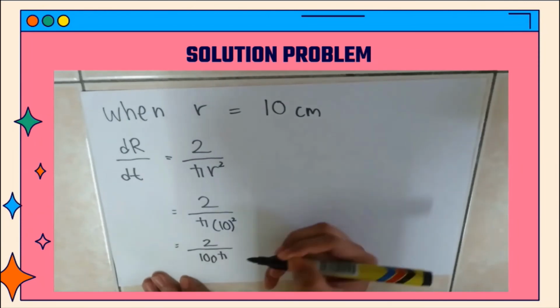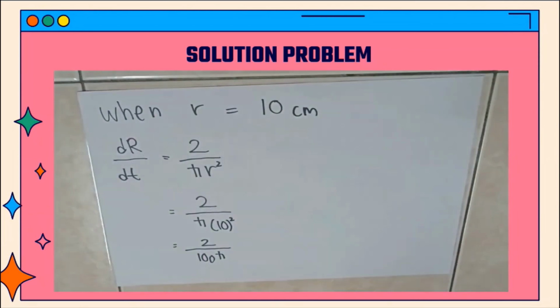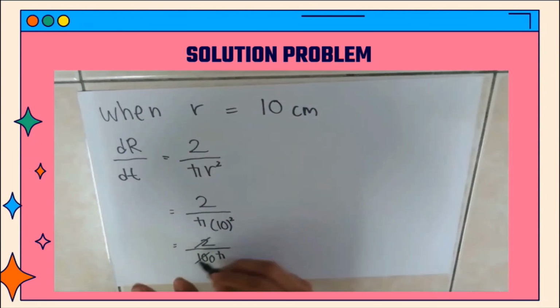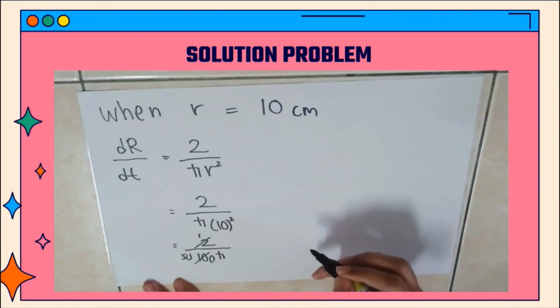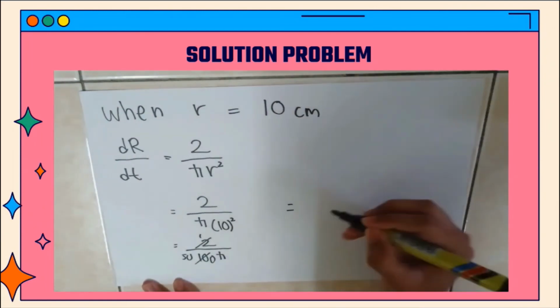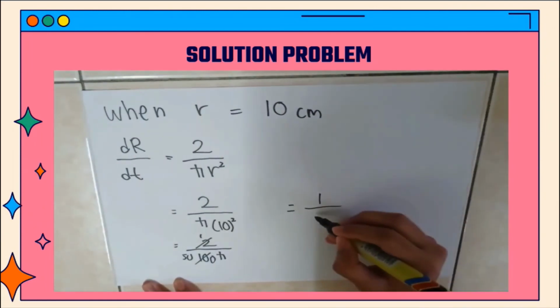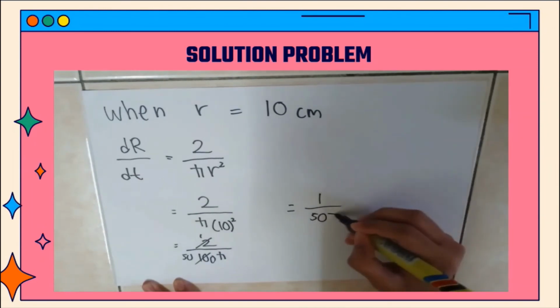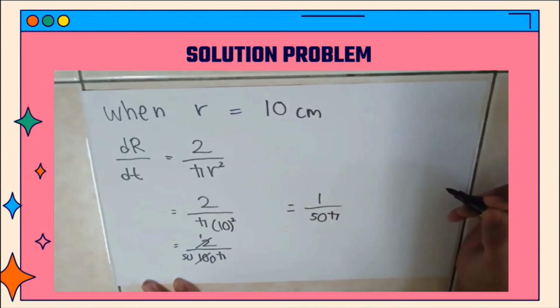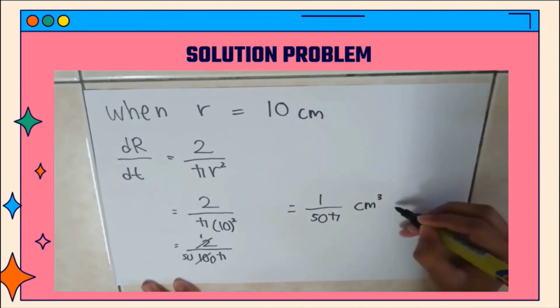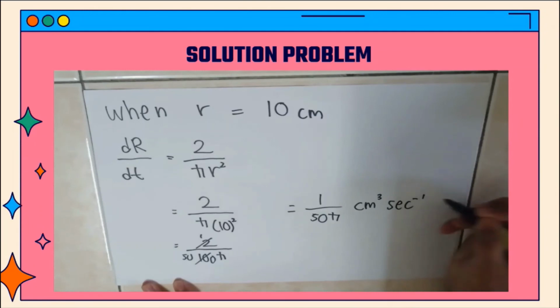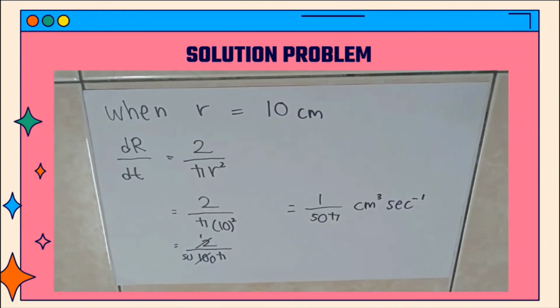We can simplify it by dividing by 2, and we get the answer 1 over 50 pi. So the final answer is 1/(50 pi) cm s^-1.